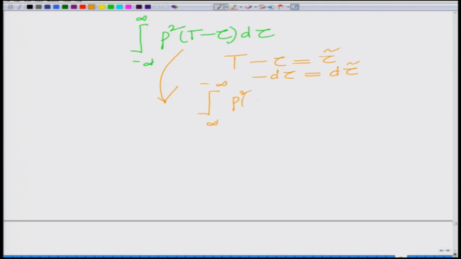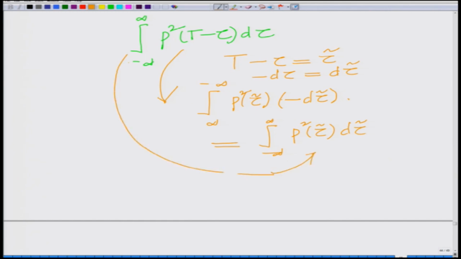Taking the minus sign from d tau tilde, this will become the integral from minus infinity to infinity p square tau tilde d tau tilde, which is nothing but the energy of the filter, or energy of the pulse shaping filter.